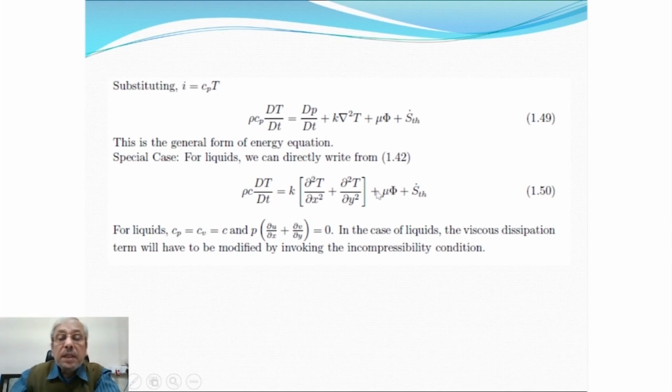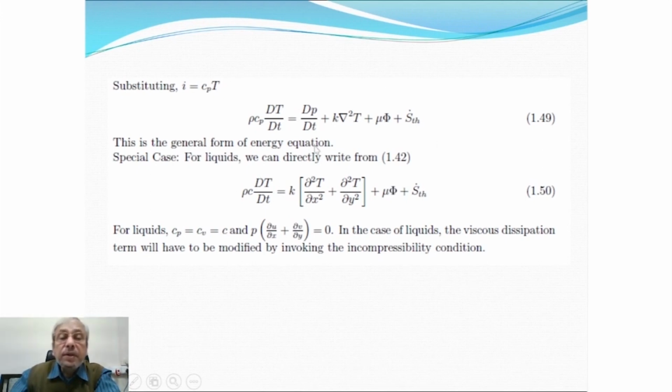And this is k (del square T/del x square plus del square T/del y square, and in 3-dimensional cases del square T/del z square), plus mu into viscous dissipation plus thermal energy generation. For liquids, the interpretation of this equation we have discussed.